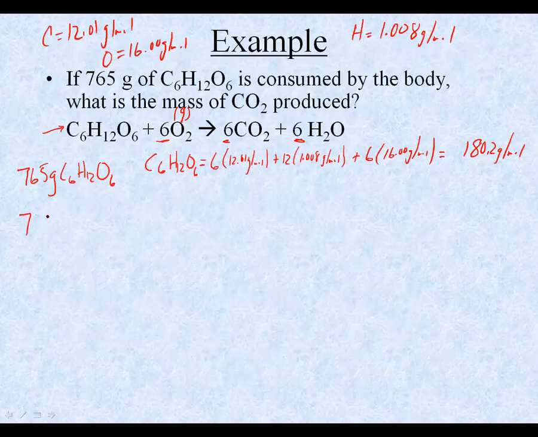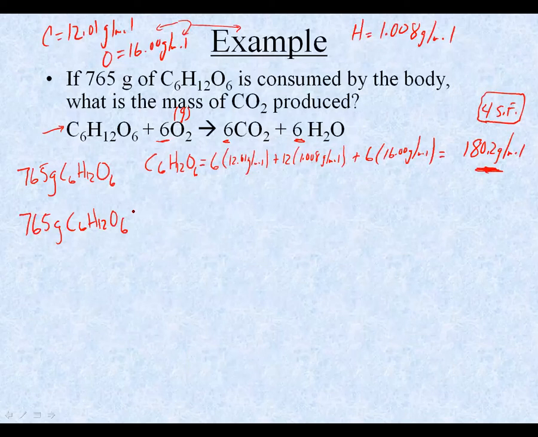So we're going to take our 765 grams of C6H12O6. Like normal, when we do molar mass from the periodic table, 4 significant figures is typically where we want to take the molar mass to. Whenever you pull any of those numbers off the periodic table for molar mass, 4 significant figures is what you're shooting for, which is why all these numbers up here are pretty much 4 significant figures as well.